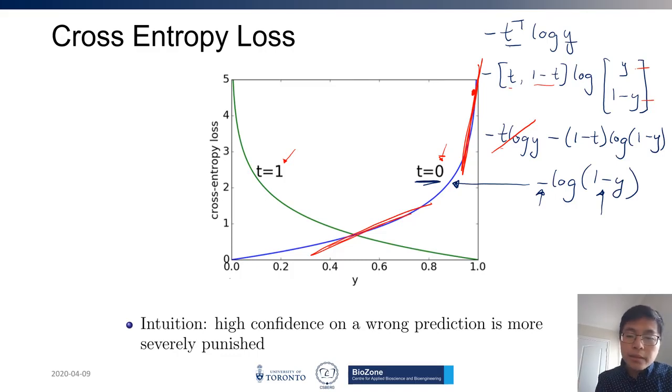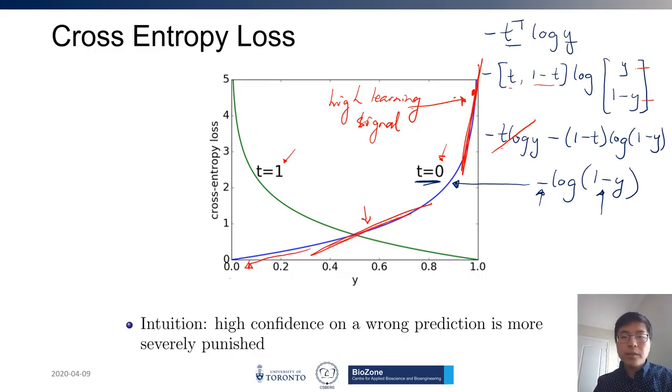That means at this point, when our model predictions are very wrong, we have a high learning signal. That makes intuitive sense, because if our model is very wrong, you want that signal to be very high such that your model can improve quickly. But in this case, you have a lower learning signal. And if you're very close to a correct prediction, you don't want the magnitude of your gradients to be very high, otherwise your learning will be unstable.